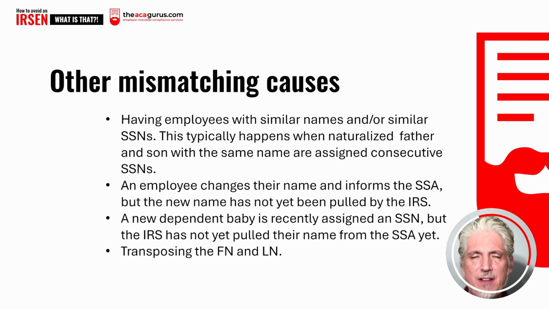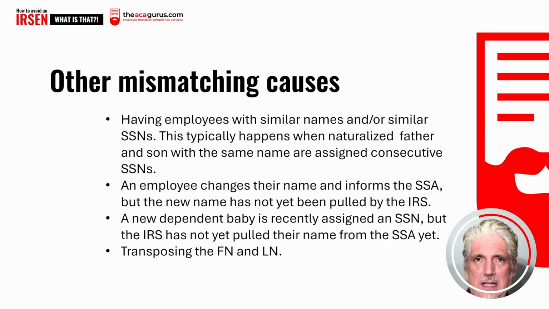Also, having employees with similar names and Social Security numbers. And this has happened more than once. It's not frequent, but we've seen it a handful of times, is that when a family is naturalized as U.S. citizens at the same time, they get consecutive, or they used to at least, get consecutive Social Security numbers. So if there was a father and a son that have the same name and same last name, there's no differentiation other than the Social Security number that's 1 digit off, right?